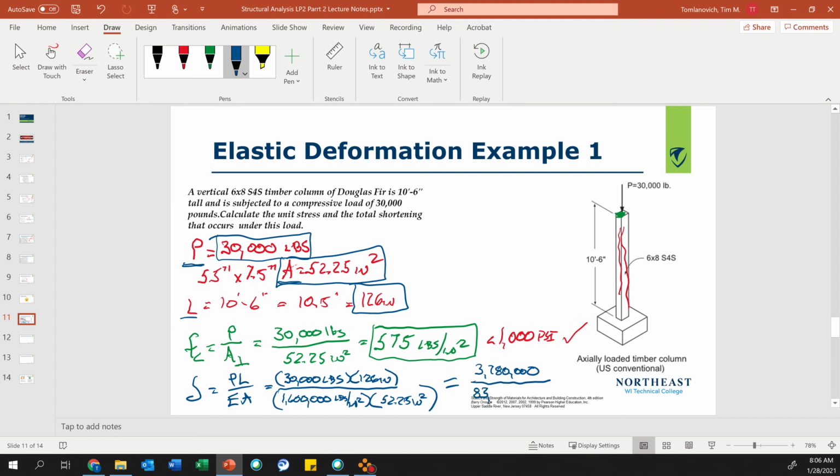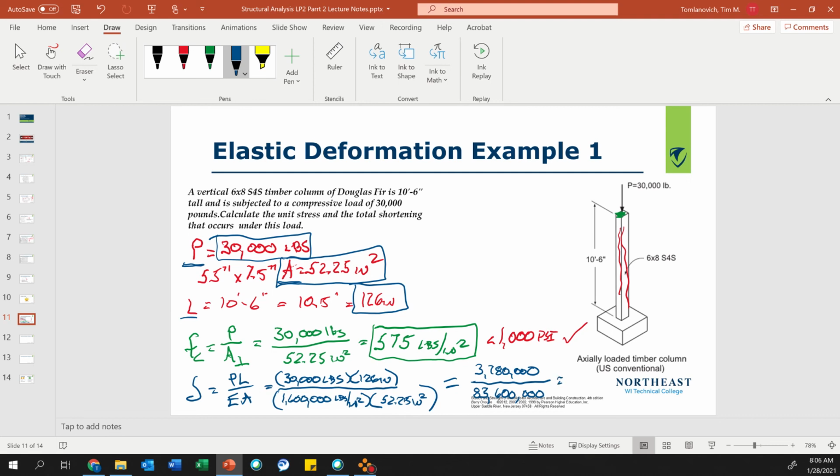So if you have a nice calculator, you just recall your numbers in your calculator. Remember you got to multiply this times this, divided by this times this, or you can take this times this, divided by this, enter, divided by this, enter. It'll give you the same answer.